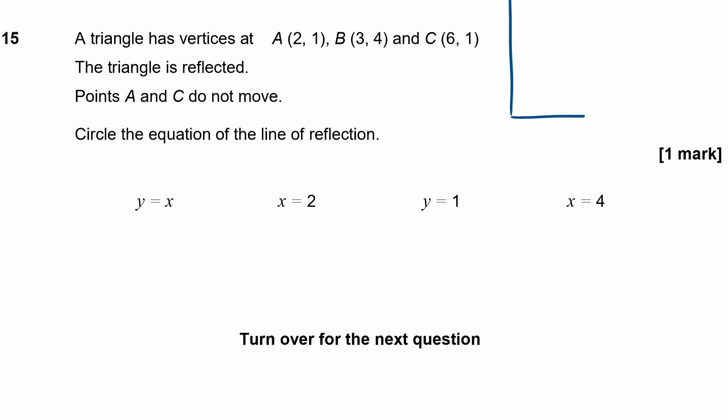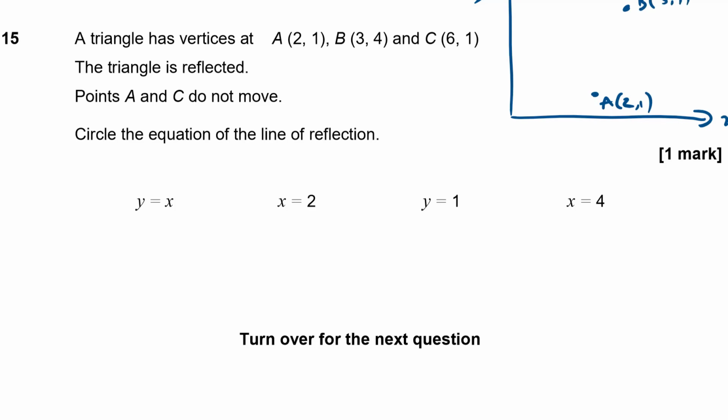So if I just draw some axes, that's X and Y, so 2, 1, 2 along 1 up is about there, isn't it? A is 2, 1, B, 3 along 4 up, so up there somewhere. This is just a sketch, it doesn't need to be super accurate.